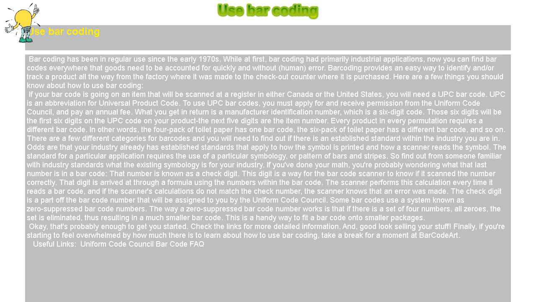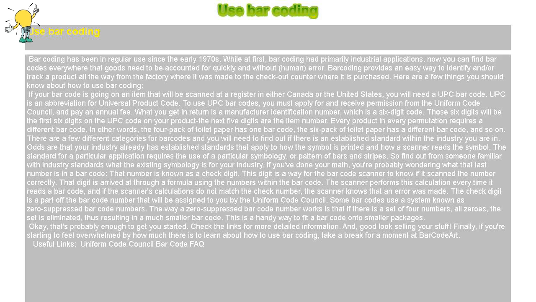To use UPC barcodes, you must apply for and receive permission from the Uniform Code Council, and pay an annual fee. What you get in return is a manufacturer identification number, which is a 6-digit code.